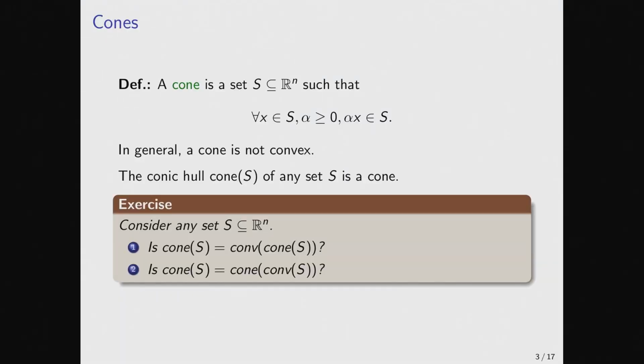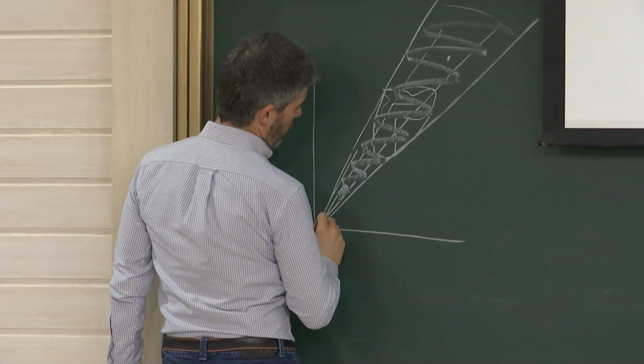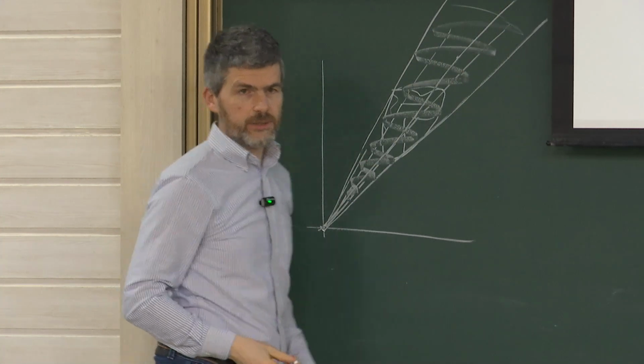A cone is a set that has a very specific feature, which is for every point x in that set, any scale up or scale down of the same point, for alpha greater or equal than 0, is also in the cone. That is obviously a cone precisely for this reason. Any point you have belongs not only to the set, but to the whole half line starting from the origin and going through the same point.